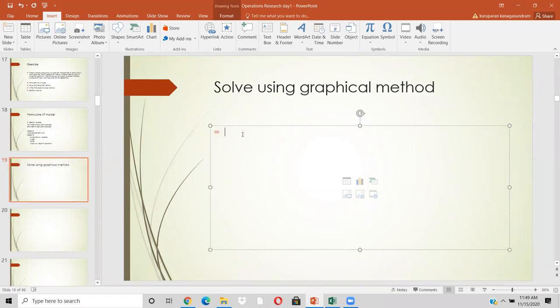Whether this can be solved by the graphical method or not, guys. Okay. Yes, it can be solved. How are you saying this can be solved using graphical method?